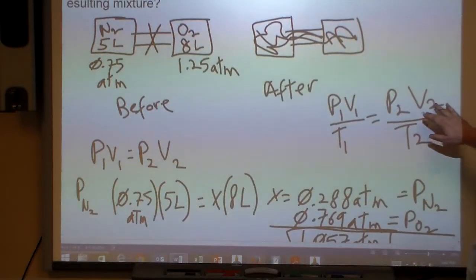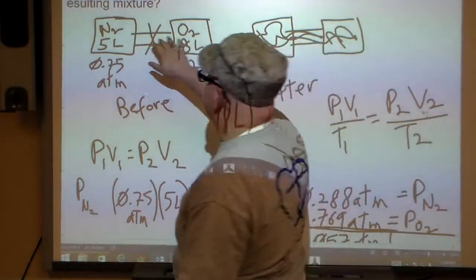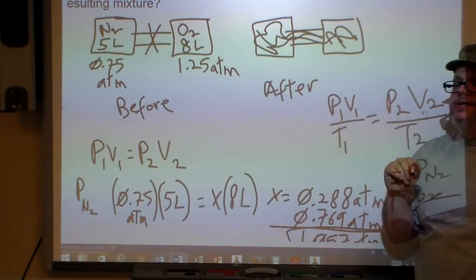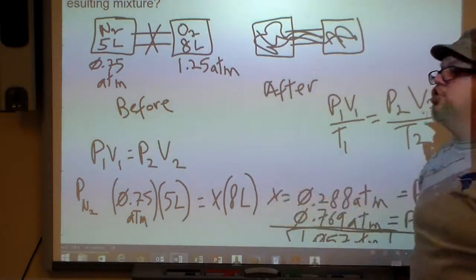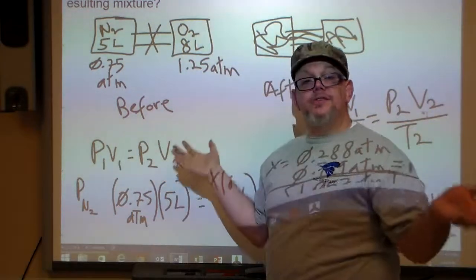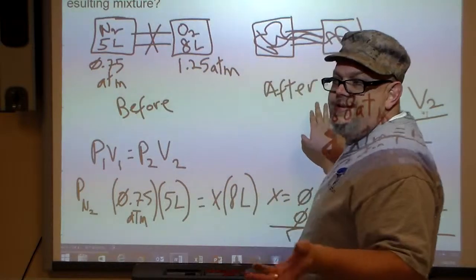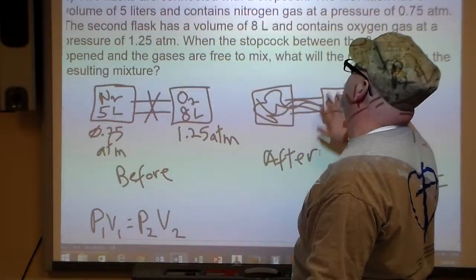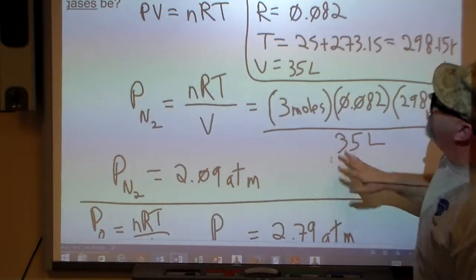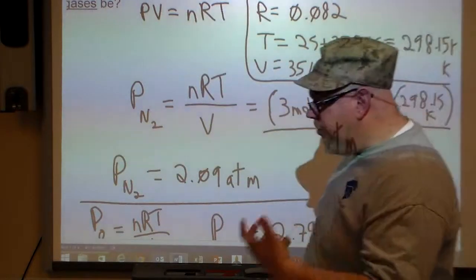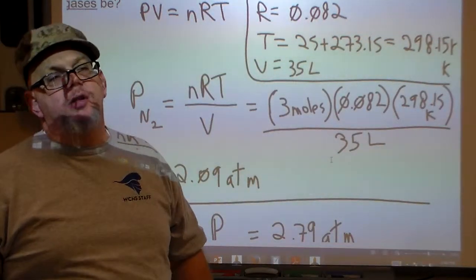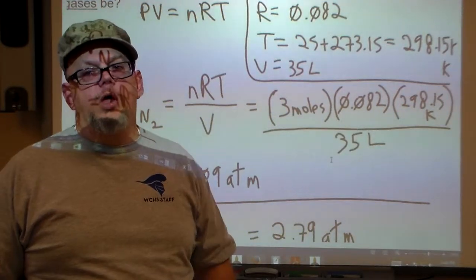We looked at a situation where we were allowing gases to mix freely with each other, and we noticed that we couldn't use the ideal gas law because it wasn't a snapshot, it was a before and after. That's where Boyle's law came in, because the temperature was constant, which made things so much easier. Then as we worked our way toward the top here, we had to work with the total resulting pressures of everything, and that's when we got to use the ideal gas law.